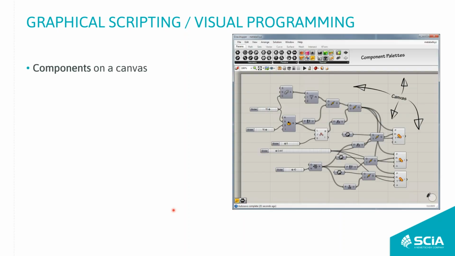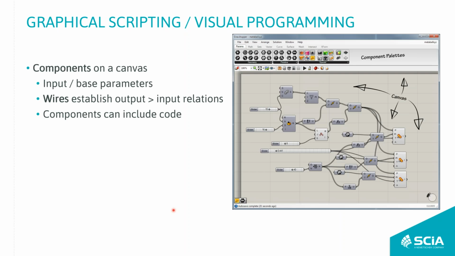When we are talking about parametric modeling, mostly it's also supported with approaches or tools related to graphical scripting or visual programming. That's represented by this picture from Grasshopper, where you have some canvas and you have some components in the palettes.